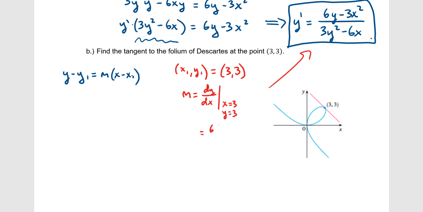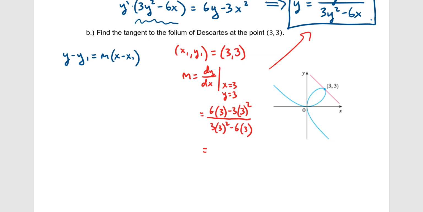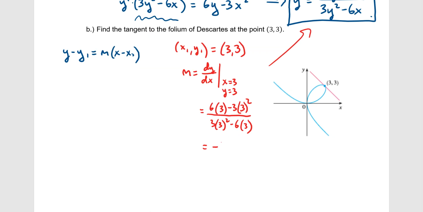That's 6 times 3 minus 3 squared over 3 times 3 squared minus 6 times 3. And we evaluate this, and we should get -1. So let's go ahead and plug in. We have y minus 3 equals -1 times x minus 3.